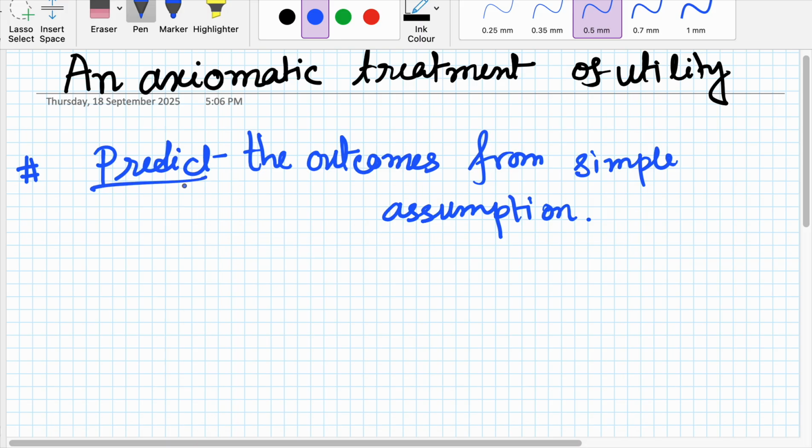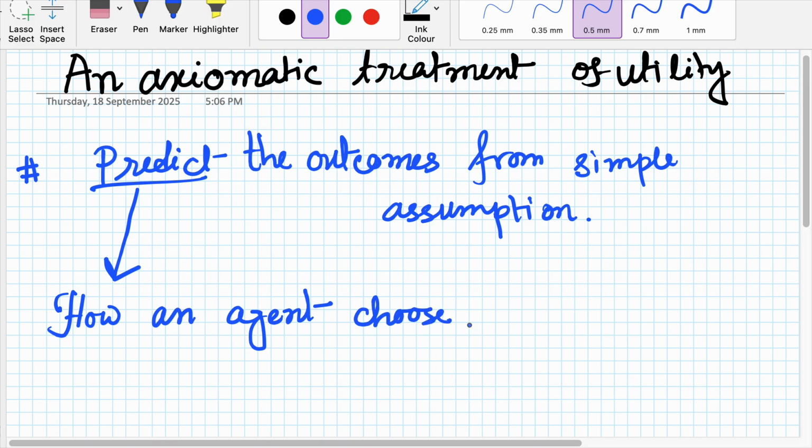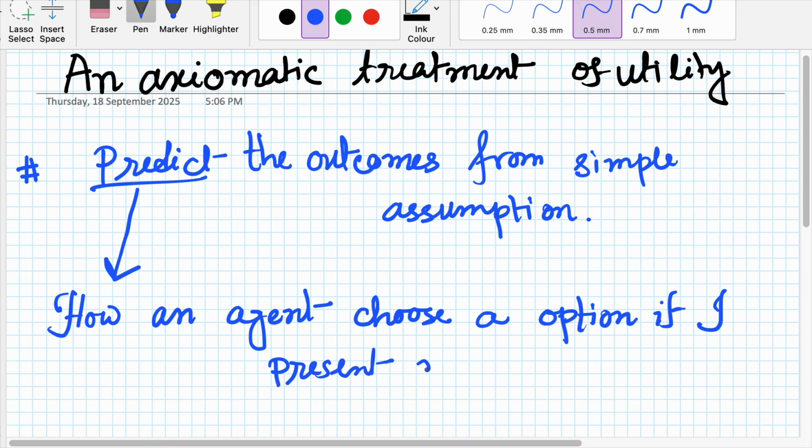What do I mean by prediction? Prediction is nothing but how a subject, an agent, chooses an option if I present multiple options.